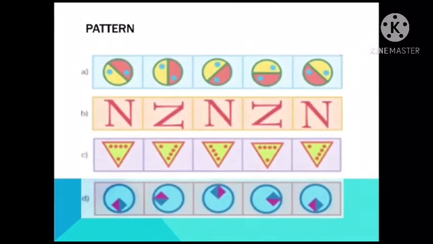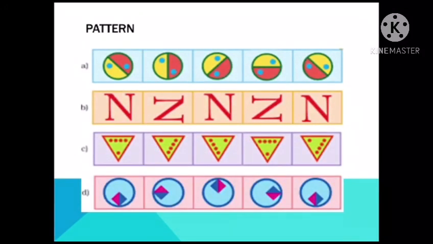So patterns. What are patterns? Patterns are nothing but something that follows the same or a repeated form. Based on the observation, we have to continue the following. Like if you see the yellow and the red, it is rotating in the clockwise direction. The line is rotating.